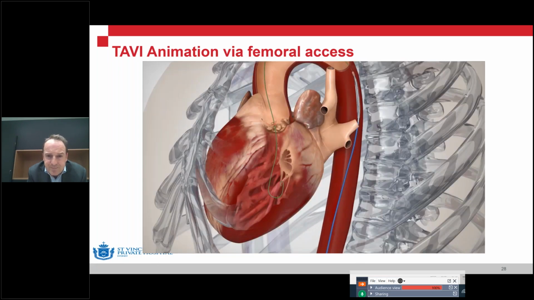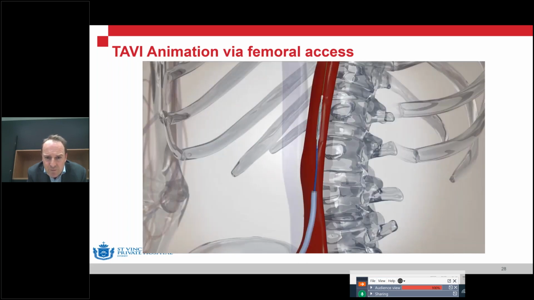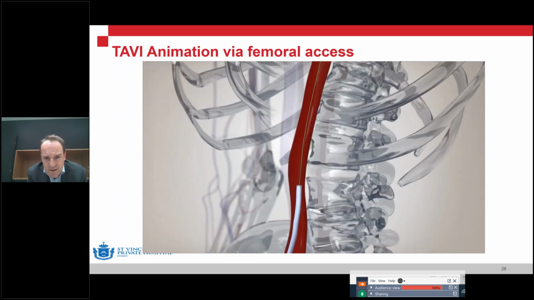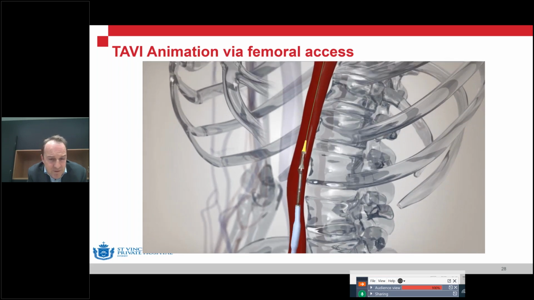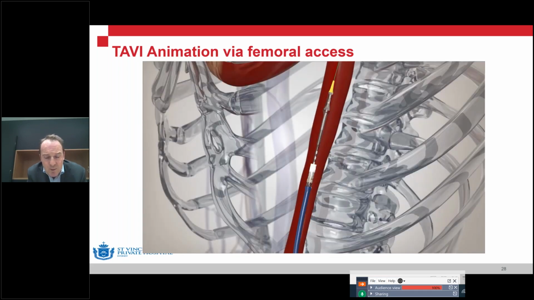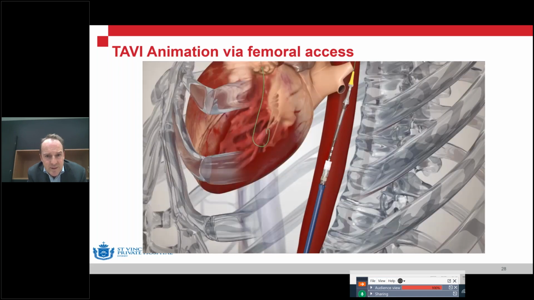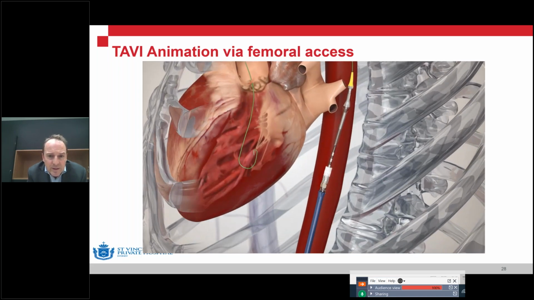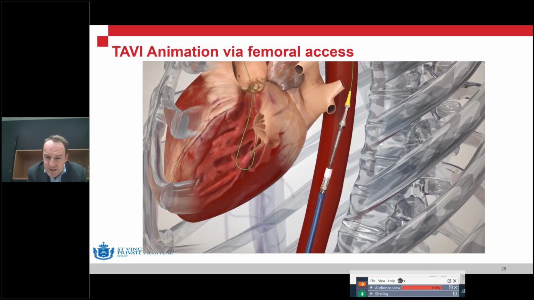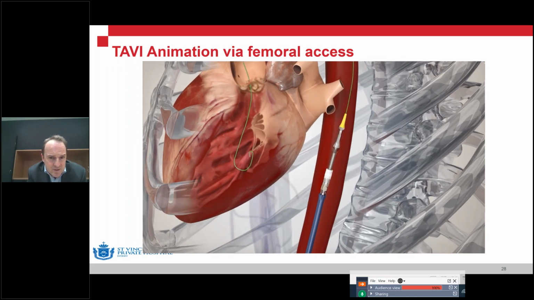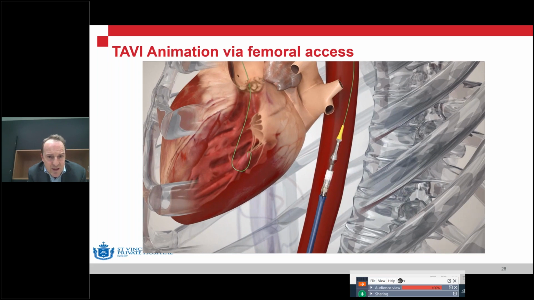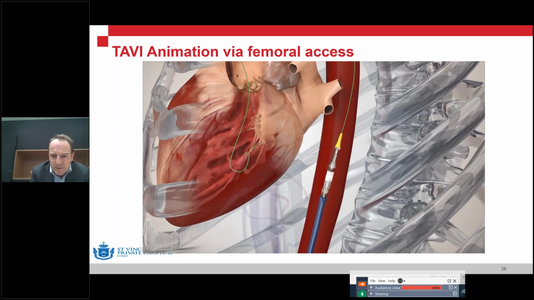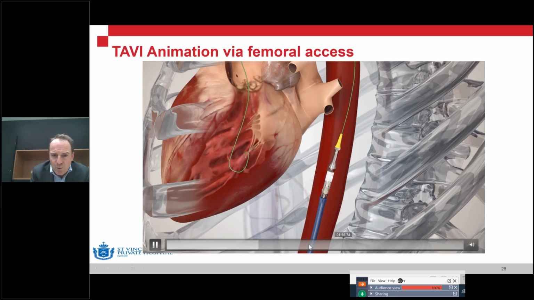A wire is placed across the aortic valve, and then we put a sheath up through the groin, and then a TAVI device, either balloon expandable or self-expanding, can be inserted via the groin, and the device is positioned using X-ray. In certain circumstances, we'd also use transesophageal echo guidance.